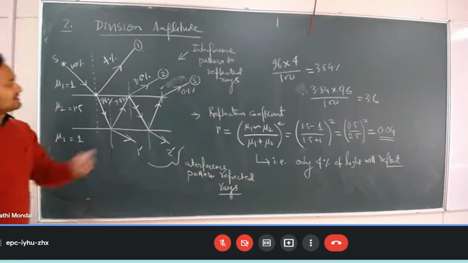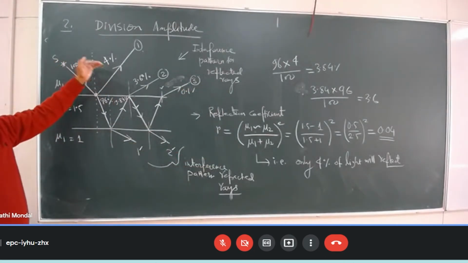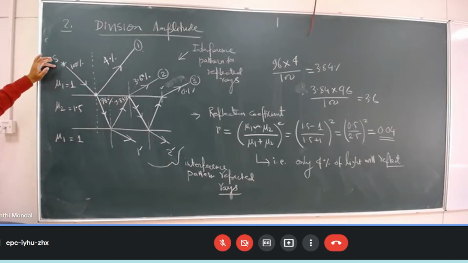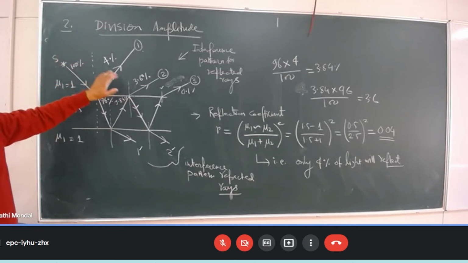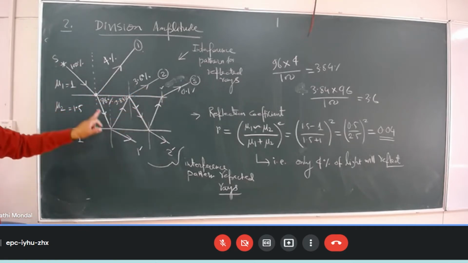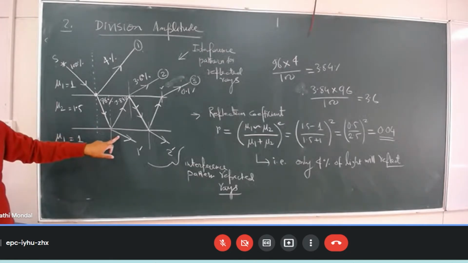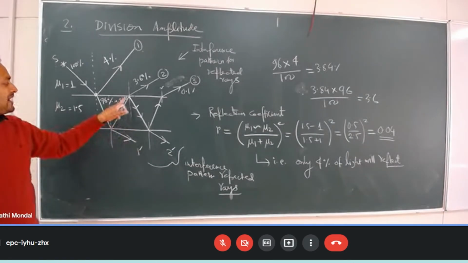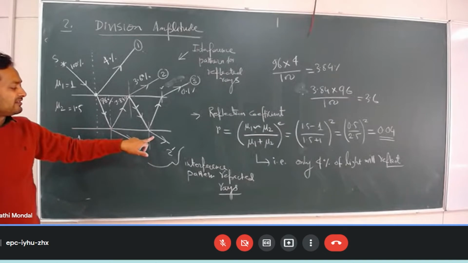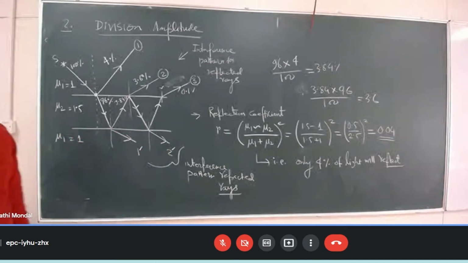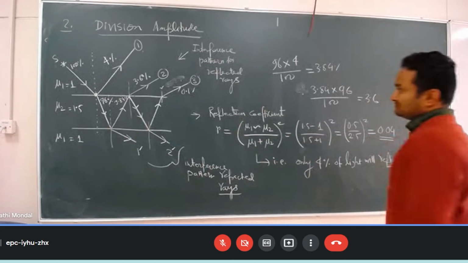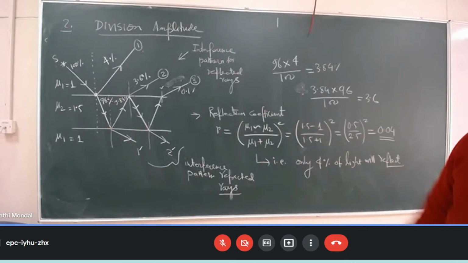That is how the amplitude of the same light source can be divided into 4%, 3.6%, and similarly here also you can calculate. Similarly here also, 3.8 will come down and then 96% of it will reflect. That is how we can observe the interference pattern by division of amplitude. Is it understood? What is the meaning of division of amplitude?